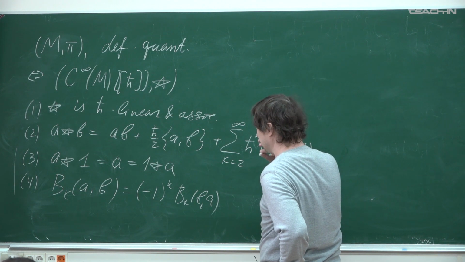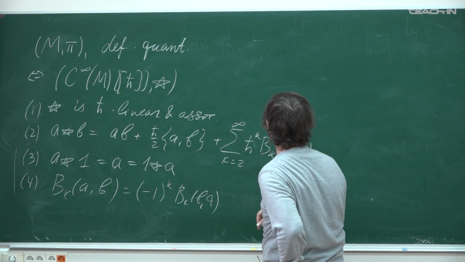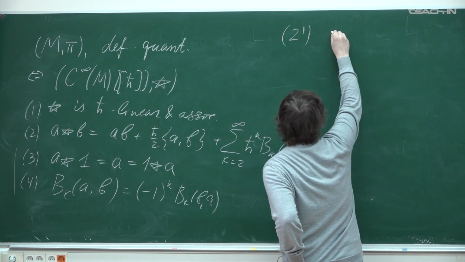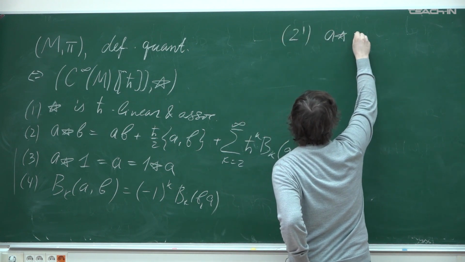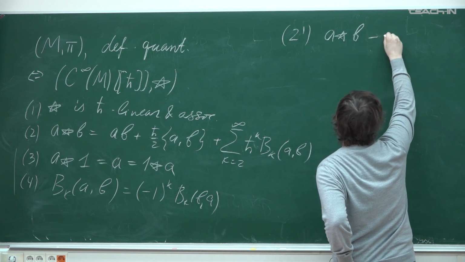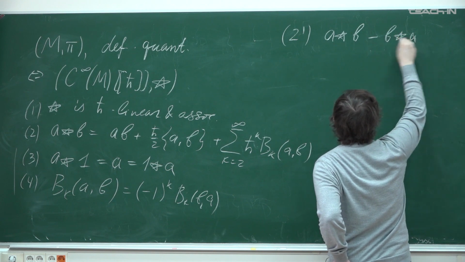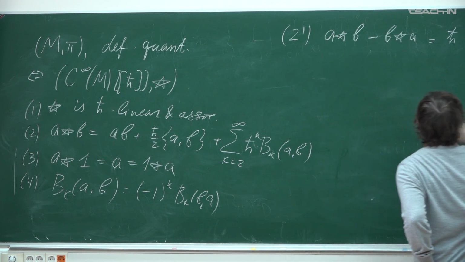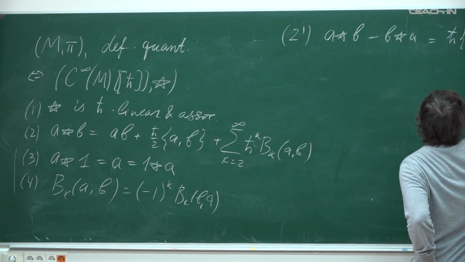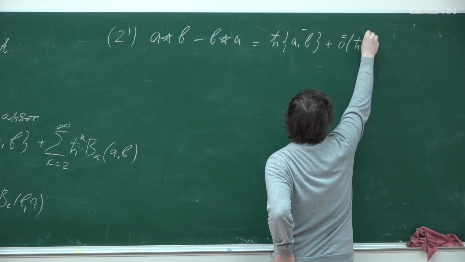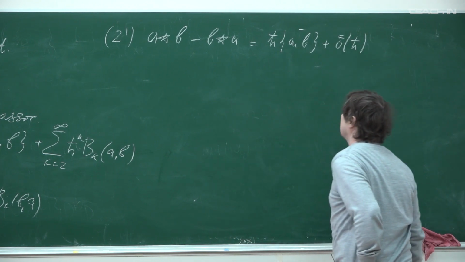The only thing is that people sometimes modify condition number 2 a little bit, replacing it by 2 prime: that the commutator of A and B with respect to the star product is equal to h bar times the Poisson bracket of A and B plus something which is infinitesimal compared to h bar.